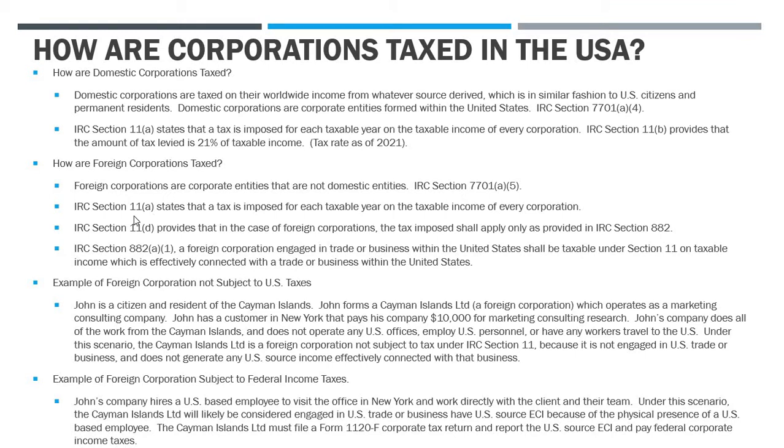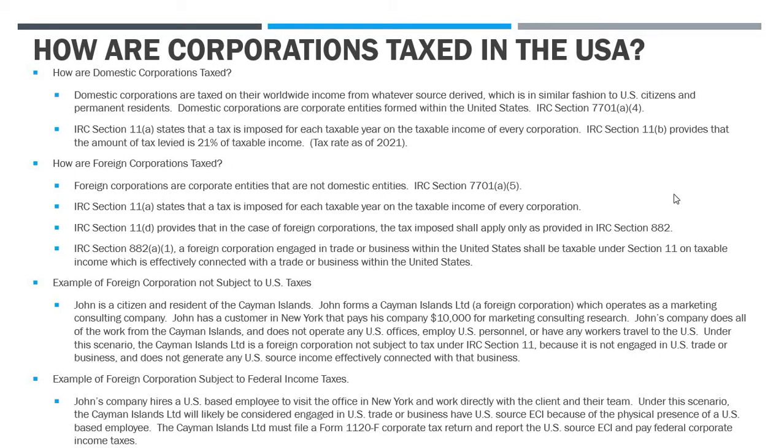So notice in this Section 11(a) definition, it says every corporation here. It doesn't distinguish between U.S. or foreign. But then later on, if you're still reading in Section 11, 11(d) says that in the case of a foreign corporation, the tax imposed shall apply only as provided in Section 882.